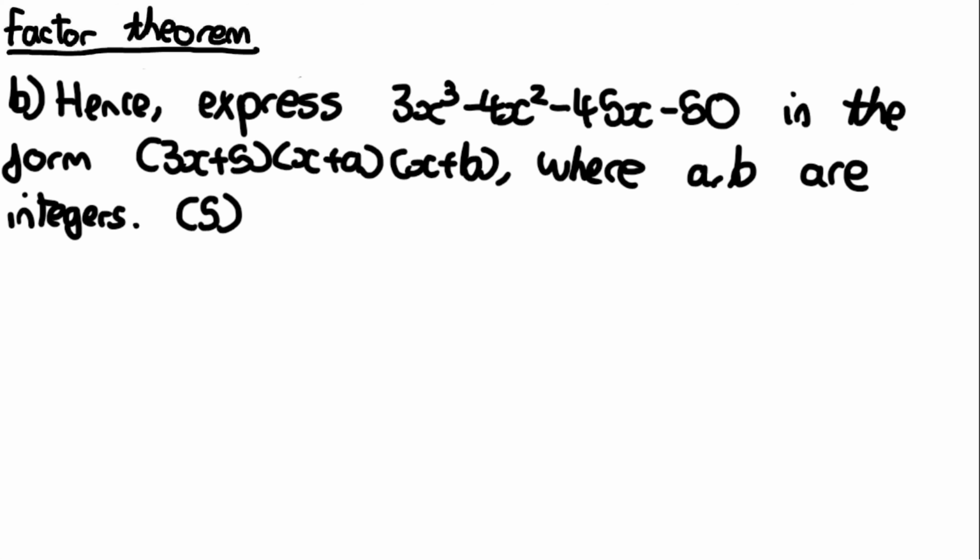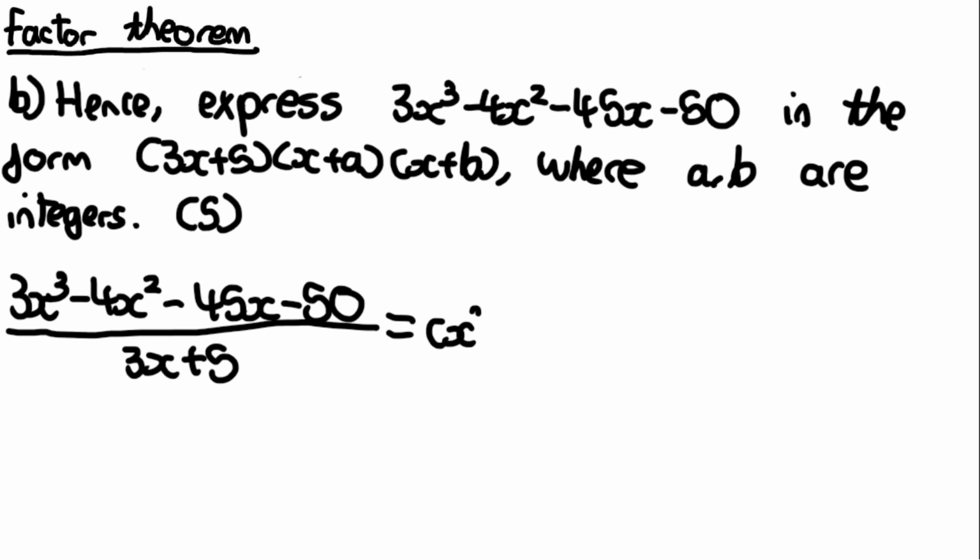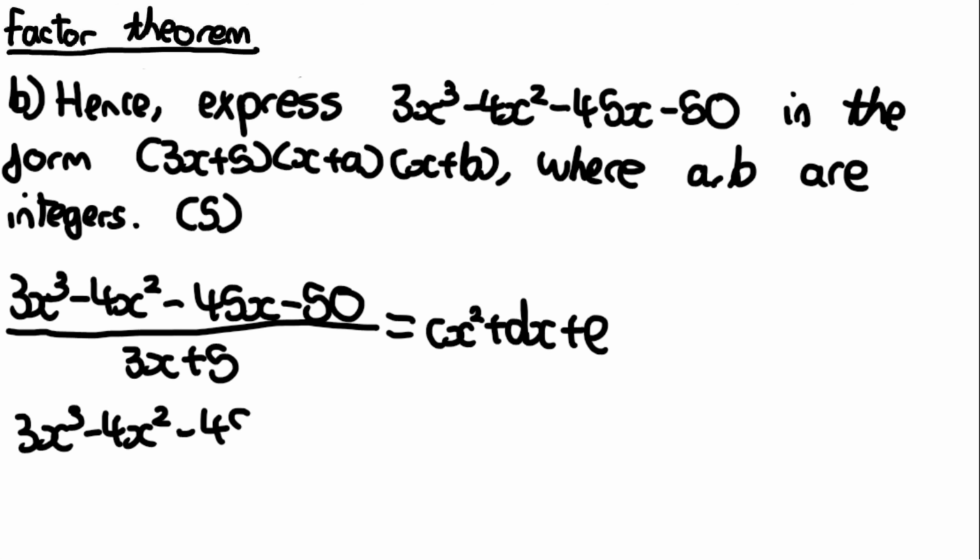The way you can do this is because 3x cubed minus 4x squared minus 45x minus 50 divided by 3x plus 5 will give you a quadratic, and we'll just call this quadratic cx squared plus dx plus e. Well, if you times both sides here by 3x plus 5, this is going to give you 3x cubed minus 4x squared minus 45x minus 50.